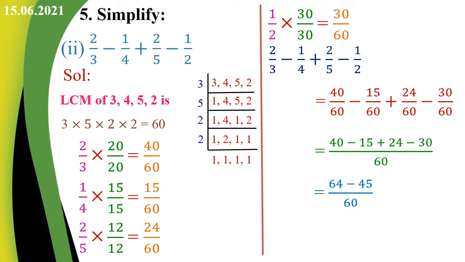Now add the values. 40 plus 24 minus 15 minus 30. We get 64 minus 45 by 60. So different signs: subtract and take the sign of the greater number. We get 19 by 60.